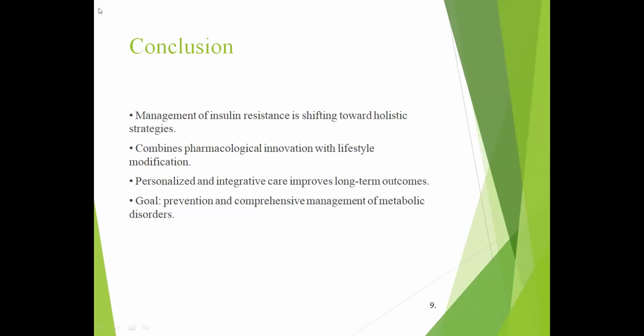Thank you, sir. Now I request dear sir to please ask the question. Ayush, yes, sir. I have one very basic question for you. 1 unit of insulin is responsible for lowering how much mg per dl of glucose?